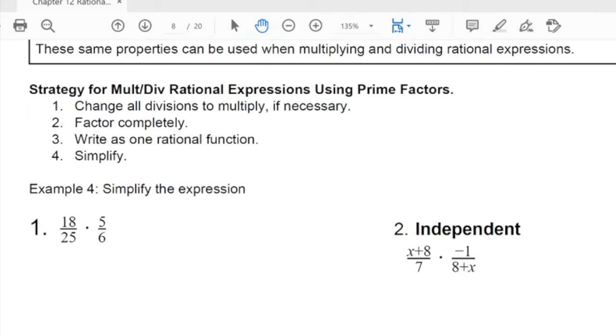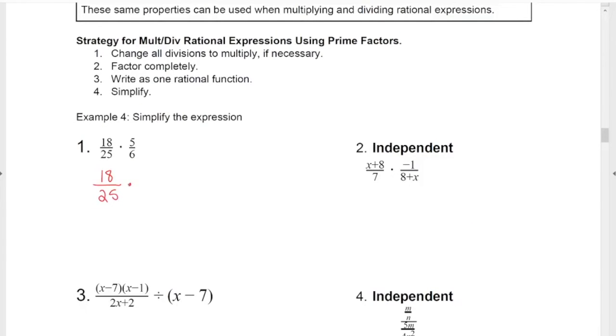So let's start by factoring the numerators and the denominators in number 1. We'll start by writing it like always, and let's go ahead and make 25 5 times 5, and I'm going to make 6 2 times 3. I'll keep the 5 up there, and I'm going to make 18 3 times 2 times 3.